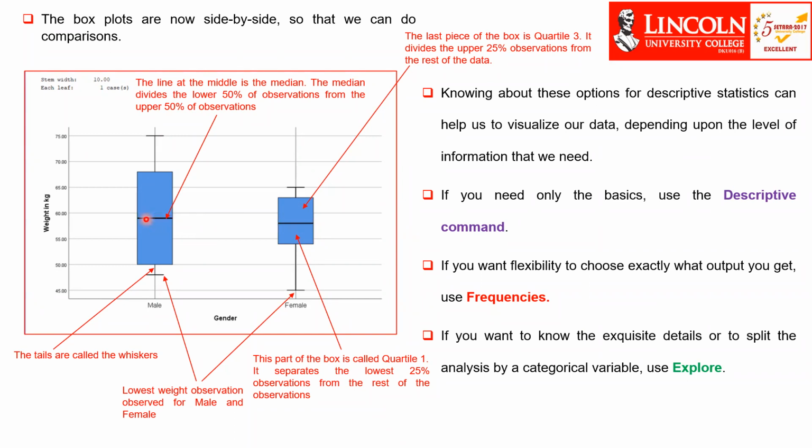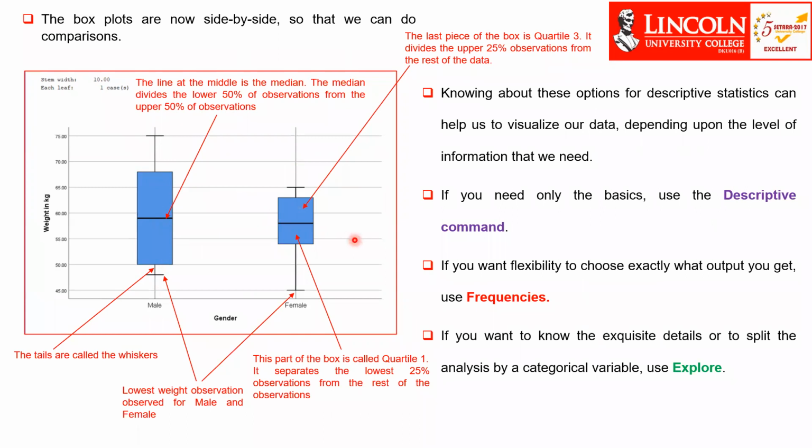This median divides the lower 50% of observations from the upper 50% of observations. And these tails you are seeing are referred to as whiskers. All these have some kind of interpretation that you need to know, which will be seen in our subsequent classes, but these are the various components of a box plot.